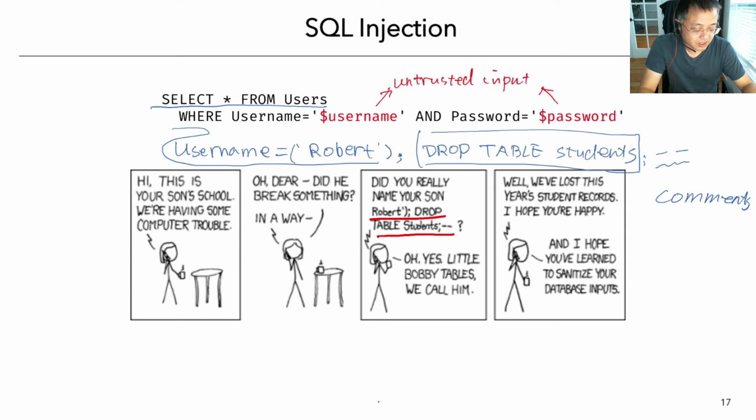This is actually quite common. It's still one of the top vulnerabilities on the web, as we have just shown in the top 25 most dangerous vulnerabilities. Of course, this is very easy to prevent.